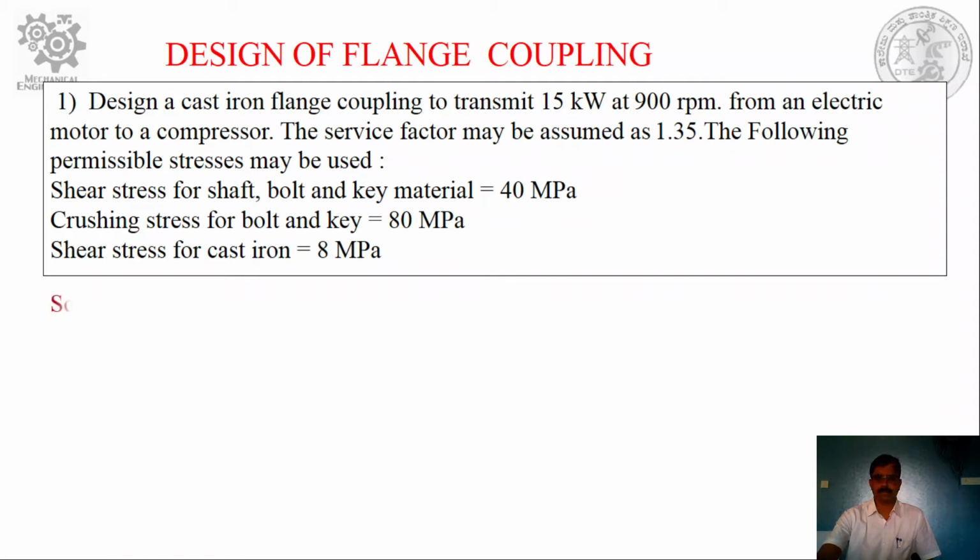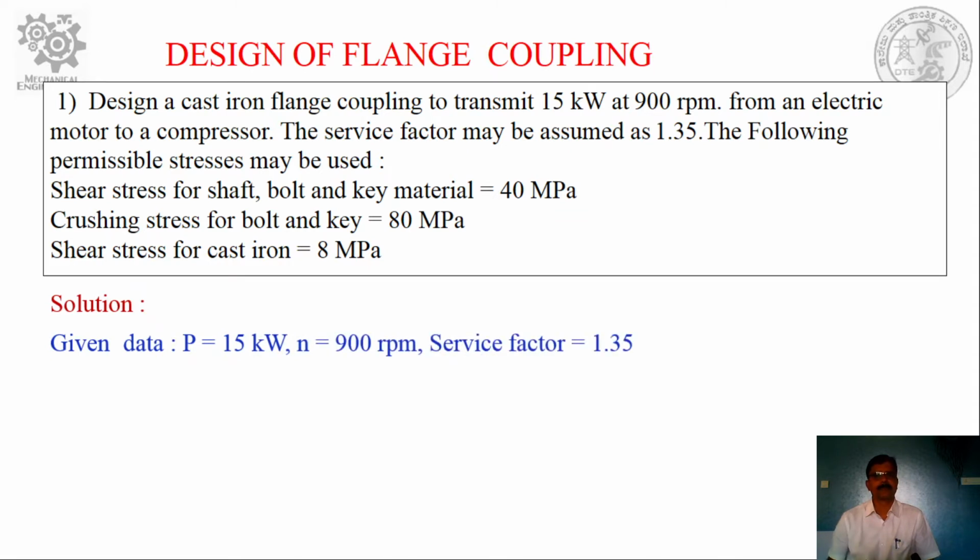Now do the solution and list out the given data by reading the problem. Design a cast iron flange coupling to transmit 15 kilowatt. The power P is equal to 15 kilowatt, and N is 900 RPM, from an electric motor to a compressor.